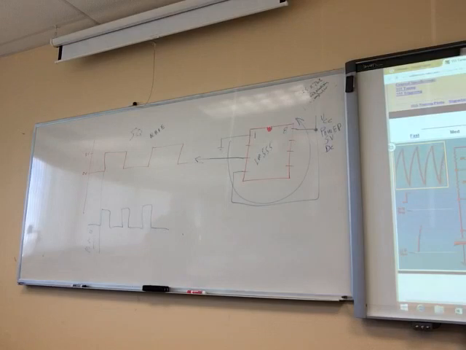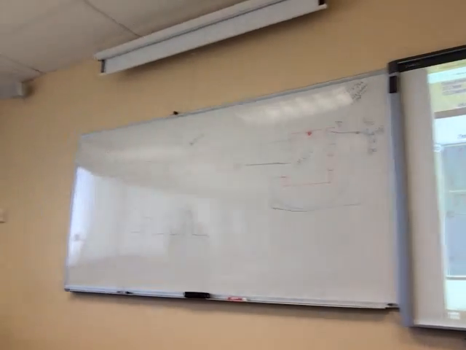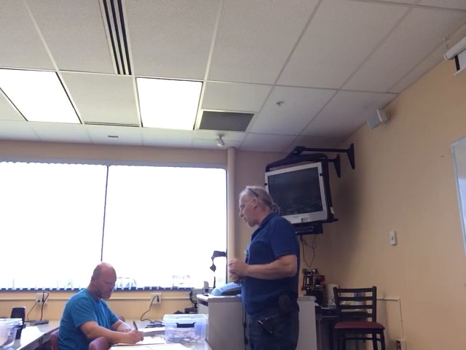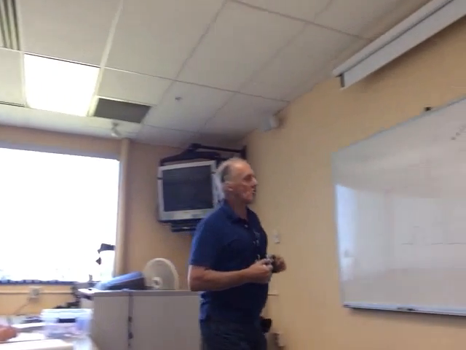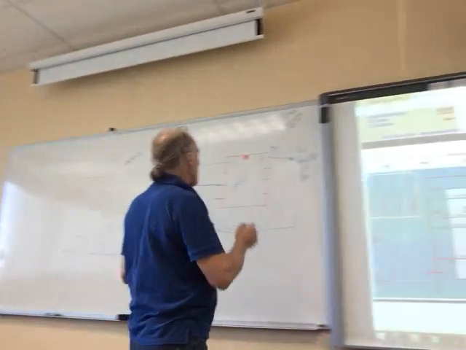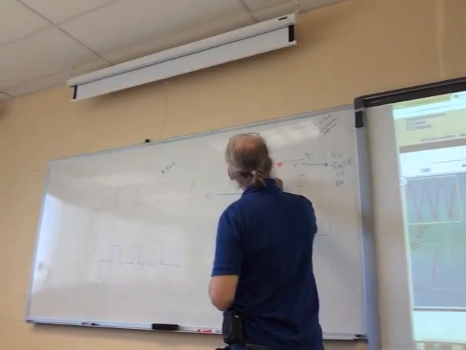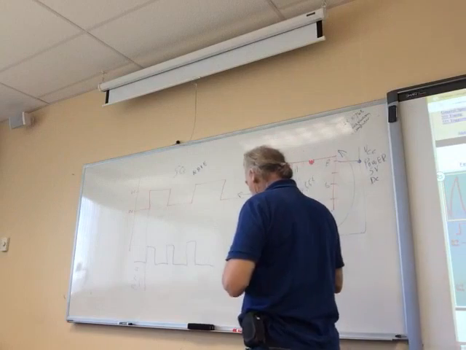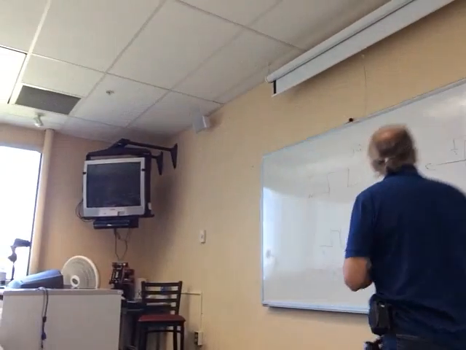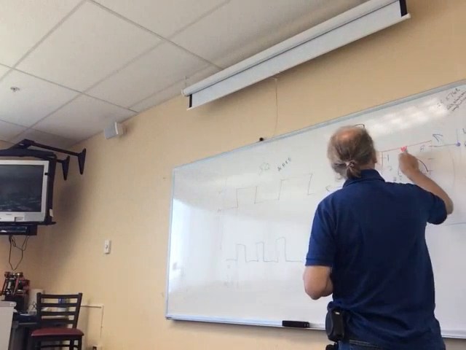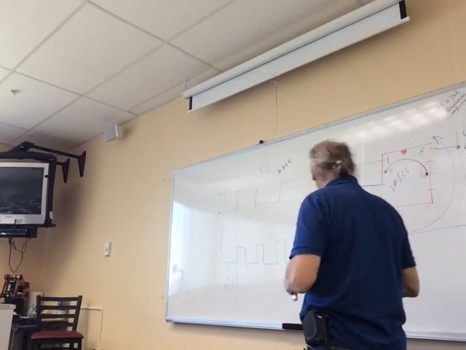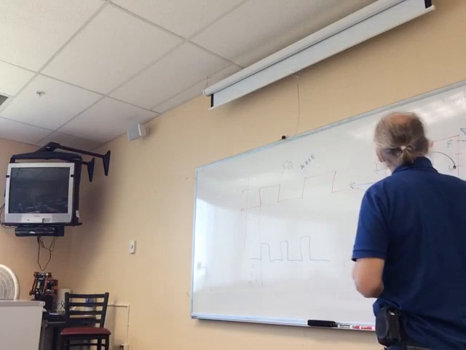I have not had to utilize those separately, but there are some cases where you could actually utilize them separately to set the threshold up or down. 2 and 6 need to be connected together. So this is 2 right here, and this is 6. So what I do is I just simply jumper those 2 together like this. Okay? And that takes care of those 2 pins. They're out of my way.